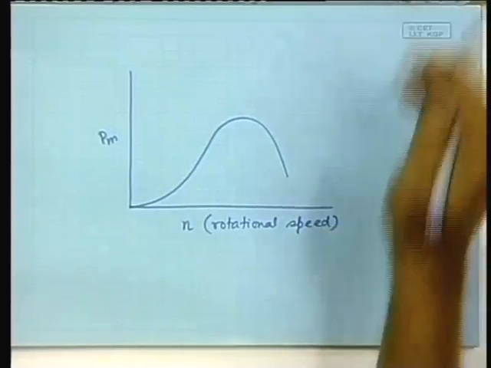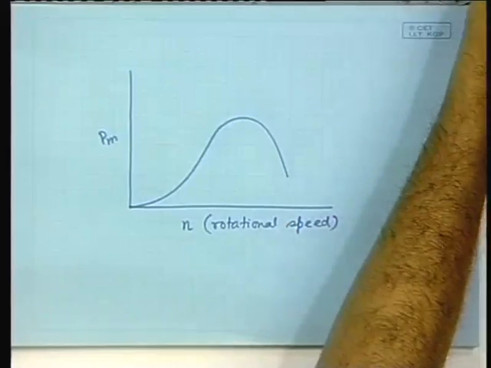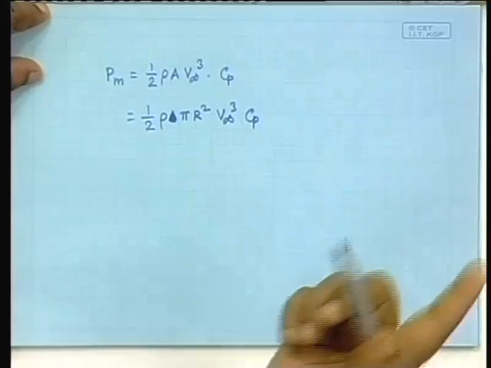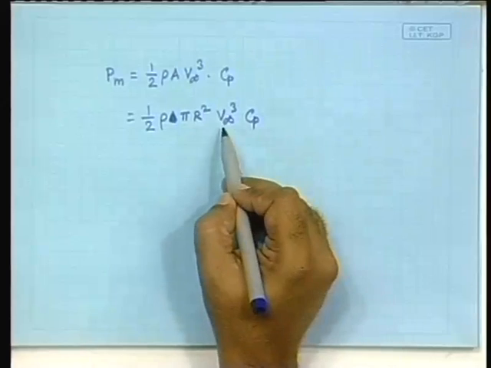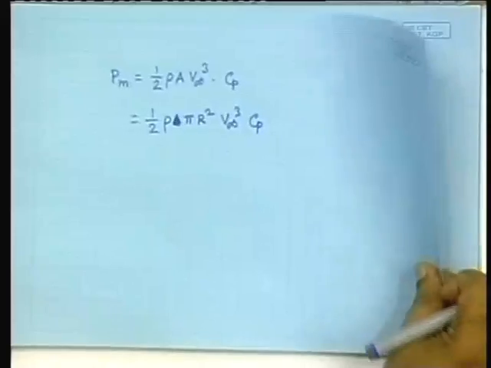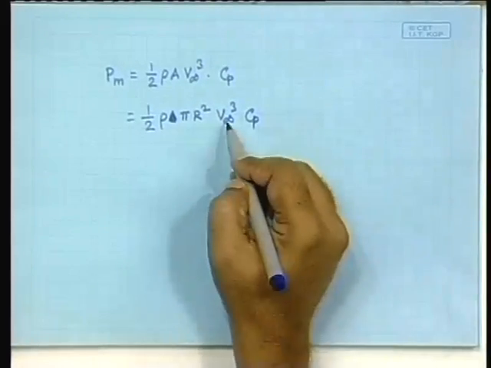Now, how should it vary with the wind speed? In order to understand that, let us do this. We are trying to relate it with the wind speed, which is here, and we are trying to find out the relationship with the rotational speed.